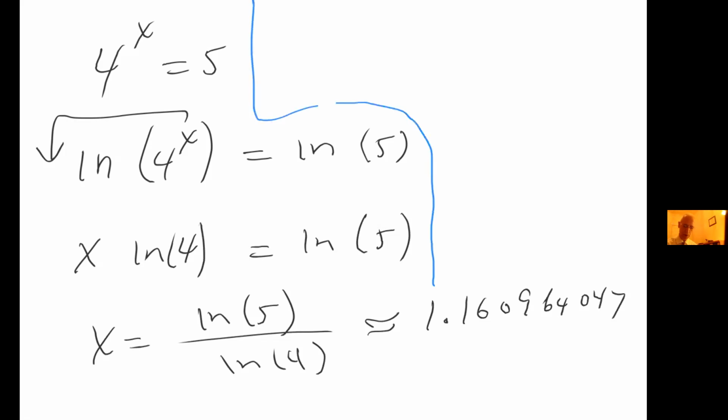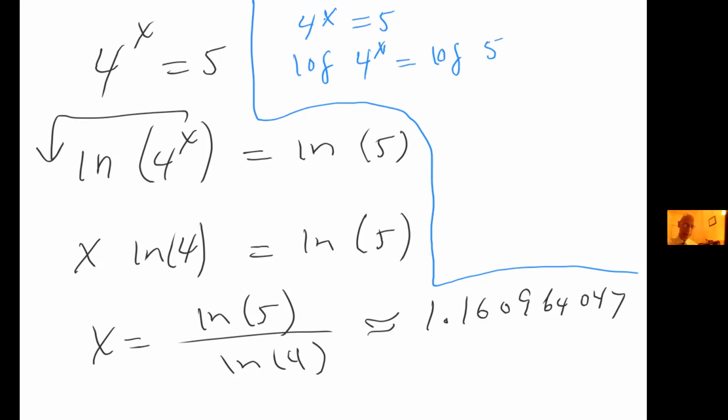You could similarly use log base 10. Let's do it in blue color. So when you had 4 to the power of x equals 5, you could take the common log or log base 10. So log base 10 of 4 to the power of x equals log base 10, or common log, of 5.